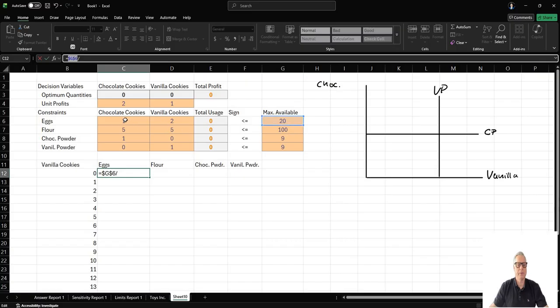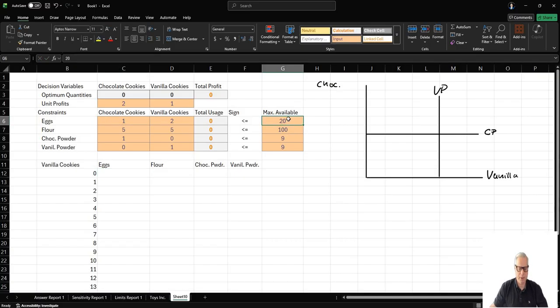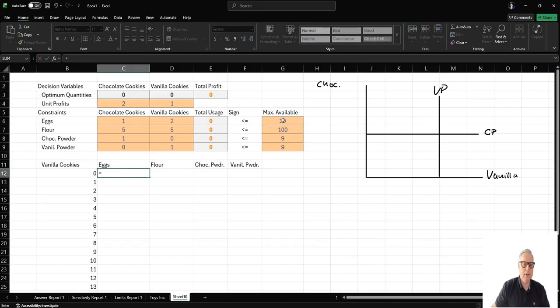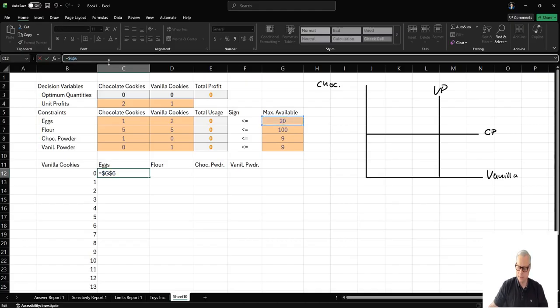And then we divide, let's do it again. So the 20, F4, divided by the chocolate cookie coefficient. So the intercept will be here 20 minus the number of vanilla cookies divided by, not the number, the coefficient, the production coefficient.